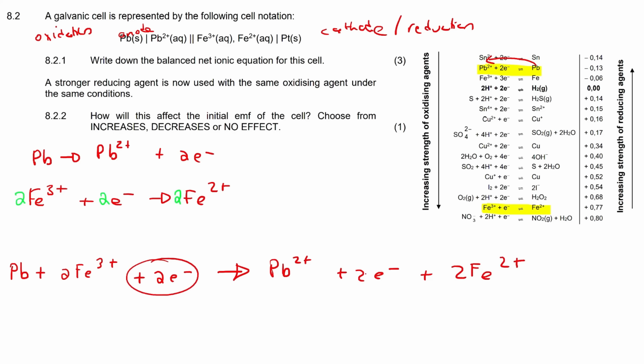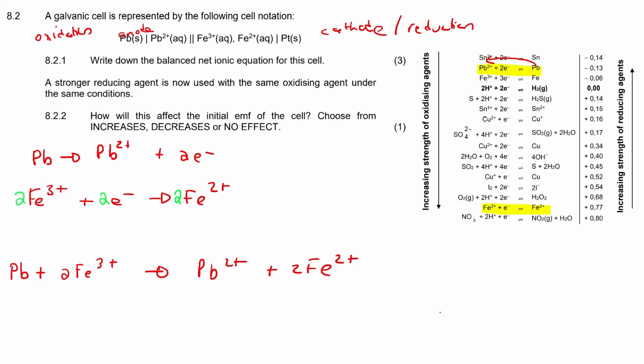So you see how the electrons can cancel now? That's exactly what we want. And so that over there is the reaction. You don't have to put the phases like the aqueous, the solid. You can, they won't mark you wrong, but you don't have to. And then we could just make this a little bit neater, like that.